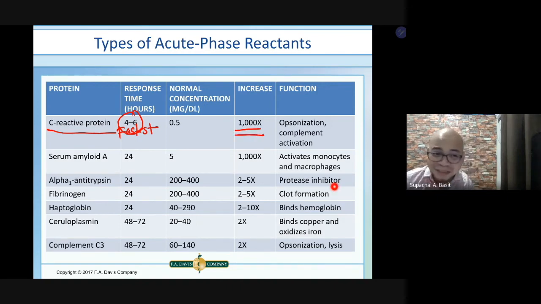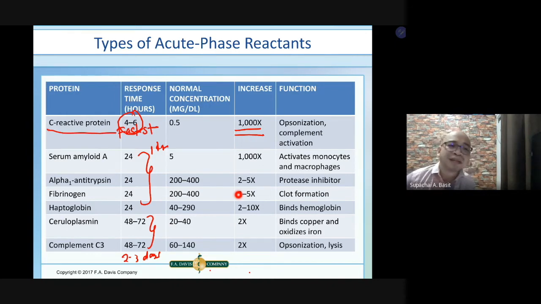Can you just imagine, within 4 to 6 hours? And the function is for opsonization and complement activation. Unlike other acute phase reactants, which will take about 24 hours, or 48 to 72 hours, about 2 to 3 days before they can be detectable in the serum. So the fastest acute phase reactant is the CRP, or the C-reactive protein.